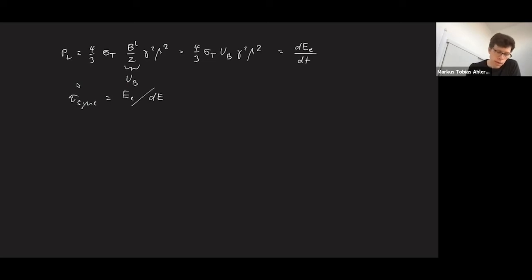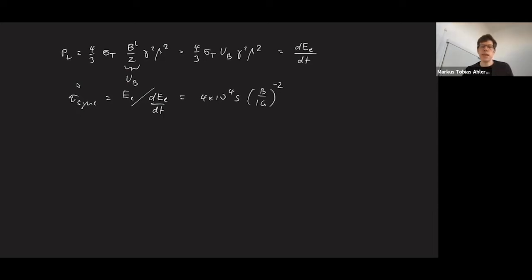If you plug in the Larmor power that we just derived, you can write this as 4 times 10 to the power minus 4 seconds if the magnetic field has a strength of about 1 Gauss.